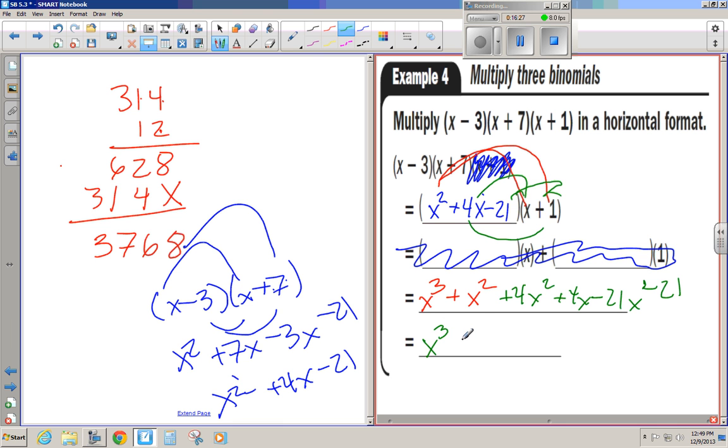X cubed, here's 2x, an x squared and a 4x squared, that's a 5x squared. It's a 4x and a minus 21 is a plus, or not a plus, a minus 17, I think.